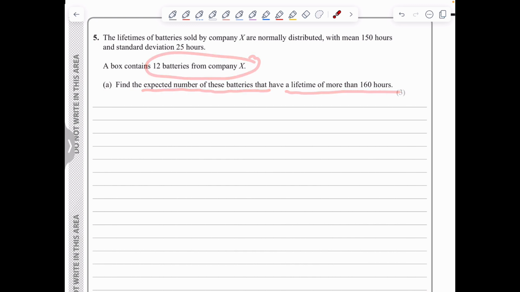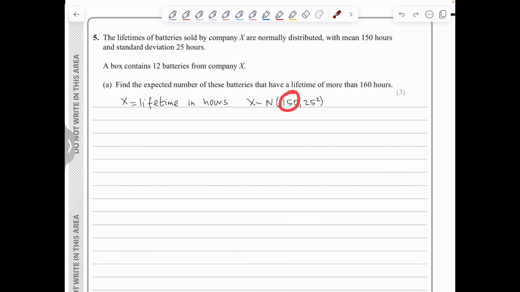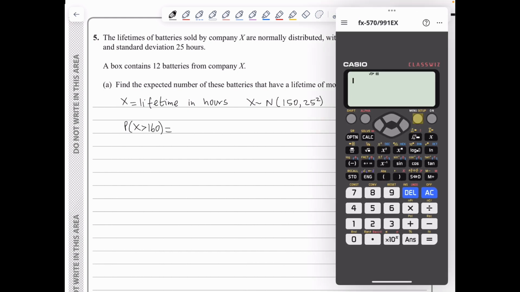Well, I will start by defining X to be my random variable corresponding to the lifetime in hours. It follows a normal distribution with mu 150 and sigma 25. I want to find the probability of X being greater than 160, so I will simply go on my calculator, menu 7, normal CD, my lower is 160, my upper is something big and positive, so I'm going to put 10 to the 9, my sigma is 25, and my mu is 150.